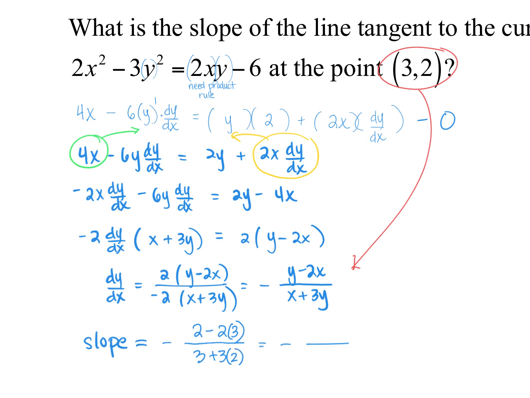That would be negative 2 minus 6 over 3 plus 6. So negative quantity, negative 4 over 9, or positive 4/9. Okay, any questions on that?